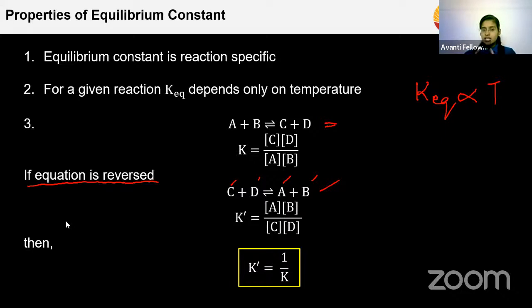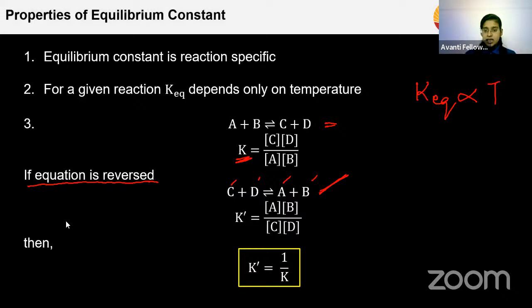All these relations will be very helpful for you while solving the numericals. I will give you some questions in which you can understand how this concept is applied. In the question, they will give one value for K, and they will give some other equation and ask us to find the equilibrium constant for the equation which they have given.